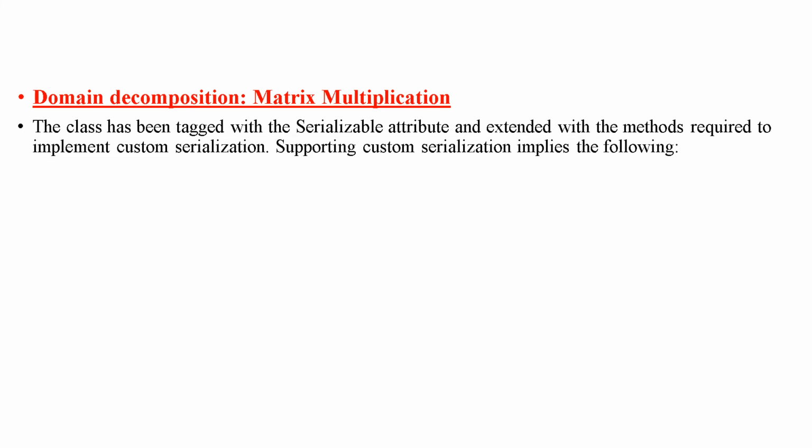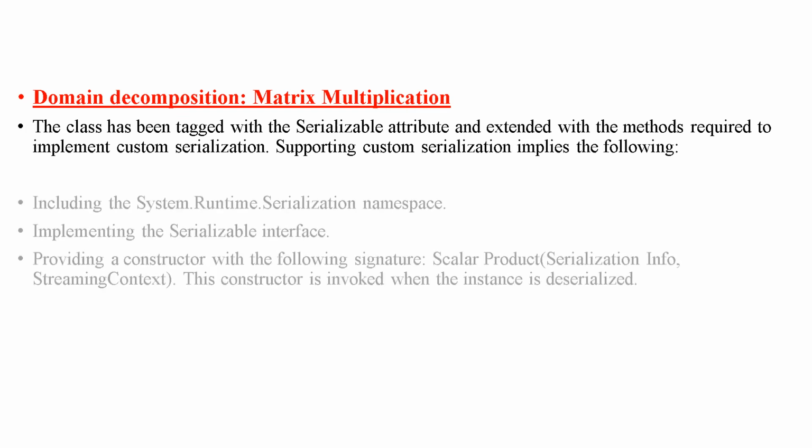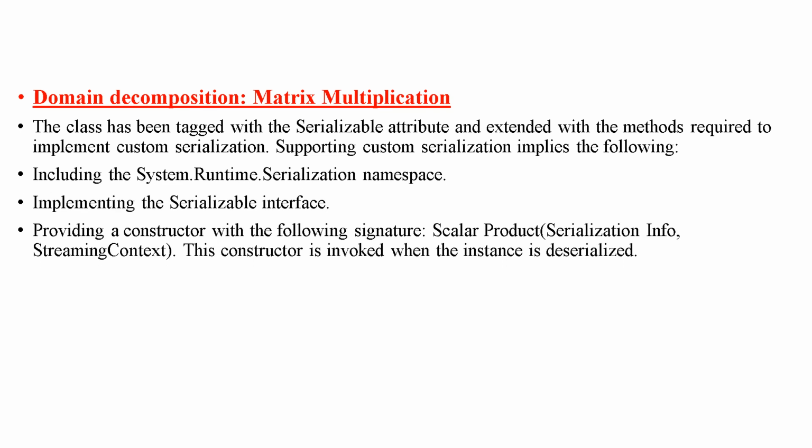Domain decomposition: matrix multiplication. The class has been tagged with the Serializable attribute and extended with the methods required to implement custom serialization. Supporting this custom serialization implies the following: including the System.Runtime.Serialization namespace. Next is implementing the ISerializable interface.